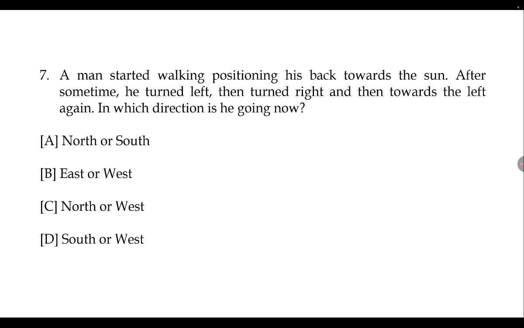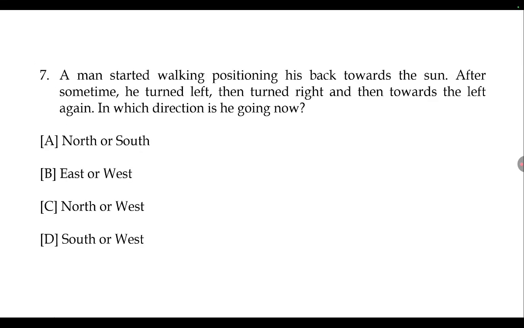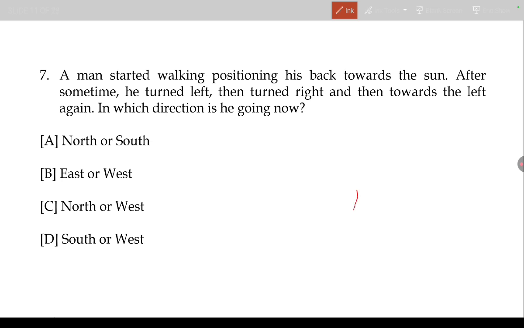You all know that the sun moves from east to west, right? Sometimes the sun will be here, and these could be the points, but in this type of question you will think only two things. When it's morning time, the sun will be on the east side only. When it's evening time, the sun will be on the west side only.